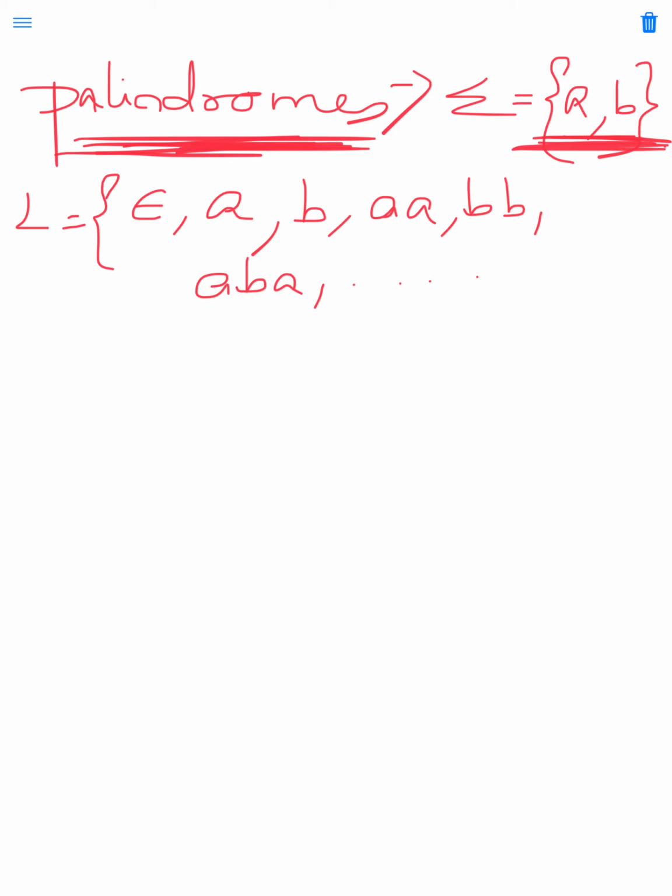So here you can see that the minimum strings are epsilon, A and B. So for the grammar also you can take it as S gives epsilon, A, B, they are the minimum strings.